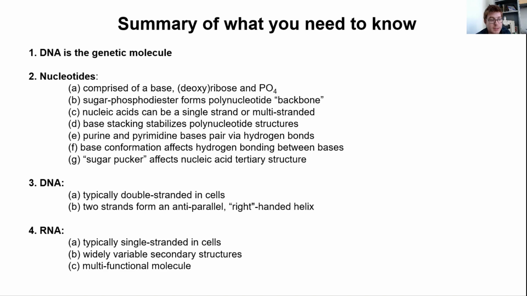We talked about how DNA is typically a double-stranded molecule inside cells, and the two strands form an anti-parallel right-handed helix. And we talked about how RNA is typically a single-stranded molecule, but by folding back on itself, it can form a wide range of secondary structures built from base pairing interactions, and those secondary structures can assemble further into more complicated three-dimensional structures as well.